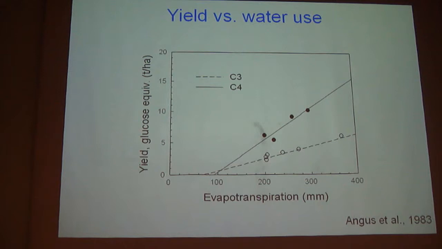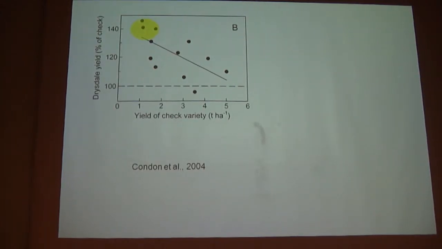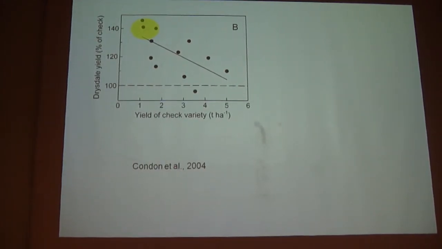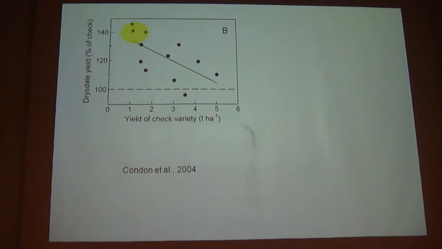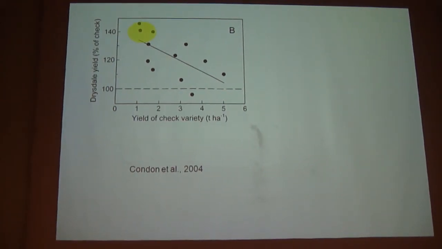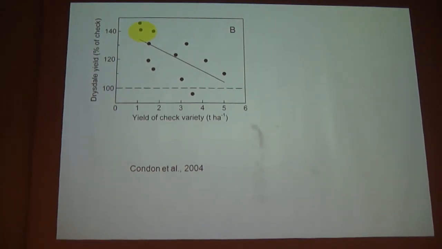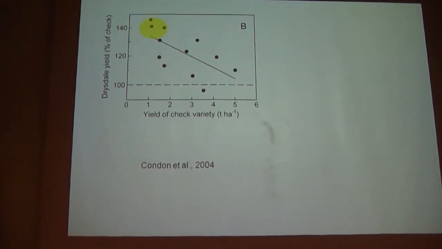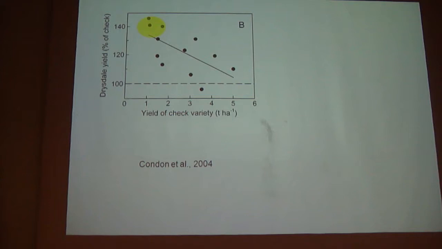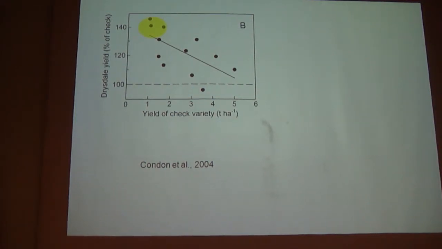So this looks kind of discouraging, and yet this is a paper from work by, I think, Roberts was the plant breeder, but a number of authors were involved in this project, and this is a successful example of development of high water use efficiency wheat.